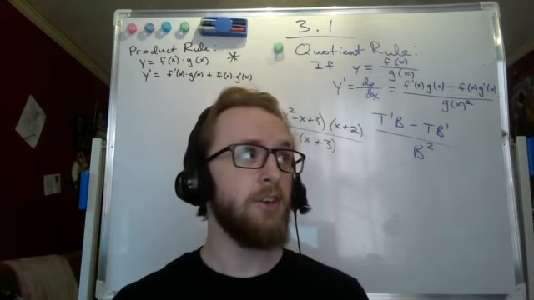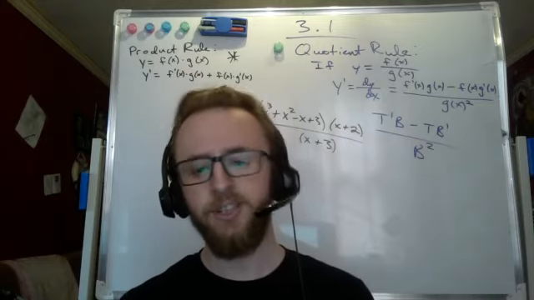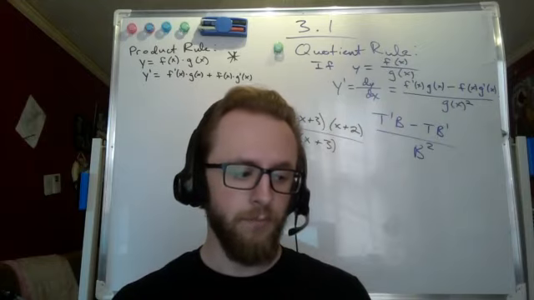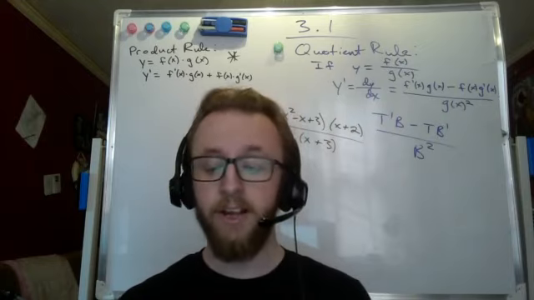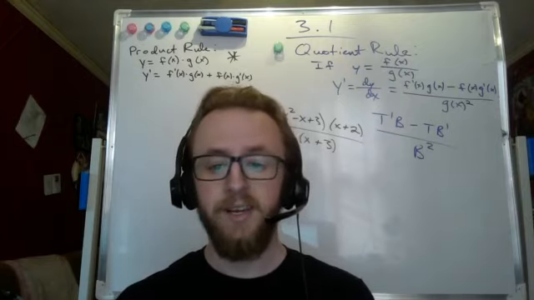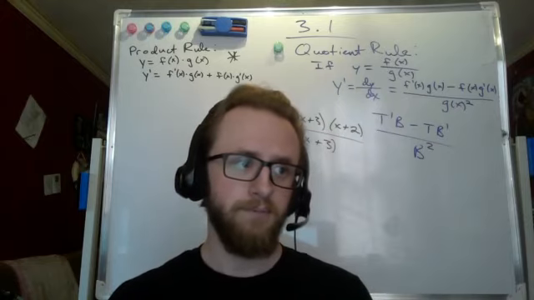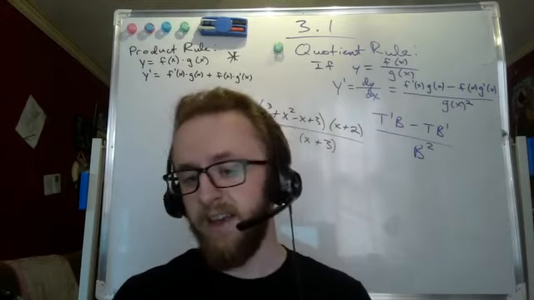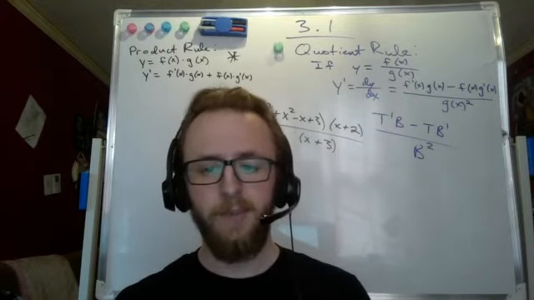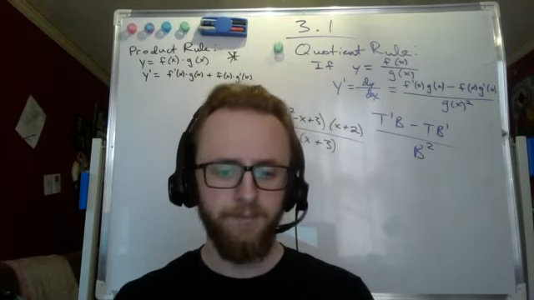We still haven't covered derivatives for trigonometry, so sine, cosine, tangent, all that. We may get there later. We also haven't covered derivatives for exponential functions. So if you have e to the x, or if you have like 3 to the x, 4 to the x, 2 to the x, whatever, that's a special case where you need a different kind of rule, but we're not covering that today.